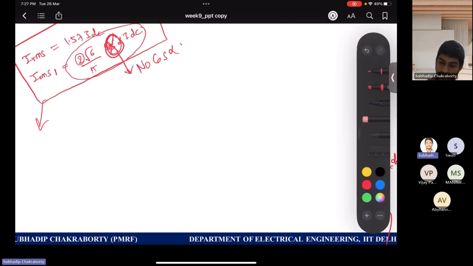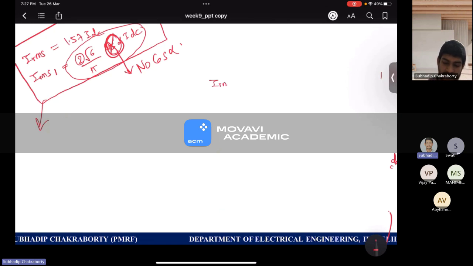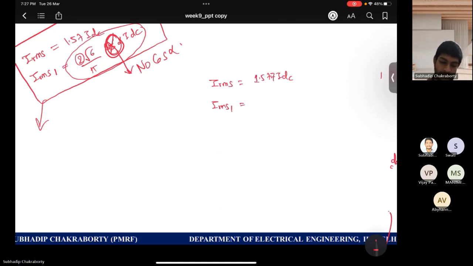So now you calculate IRMS and IRMS 1. What is it? 1.57 IDC, or 1.577 for more accuracy. And IRMS 1 is 2√6 by pi into IDC. Do these two and tell me.